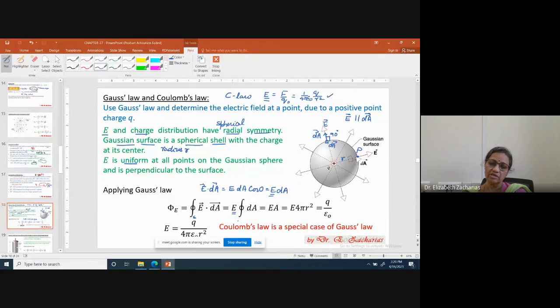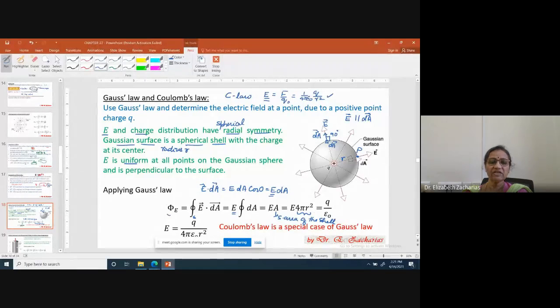I take out my E, then I have my integral dA. What is my integral dA? This is a sphere. Therefore, integral dA will be A, where A is the surface area of the shell. You know what is the area of a spherical shell? It is 4 pi r square.